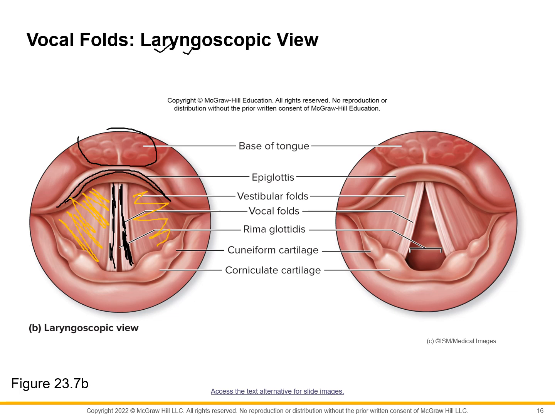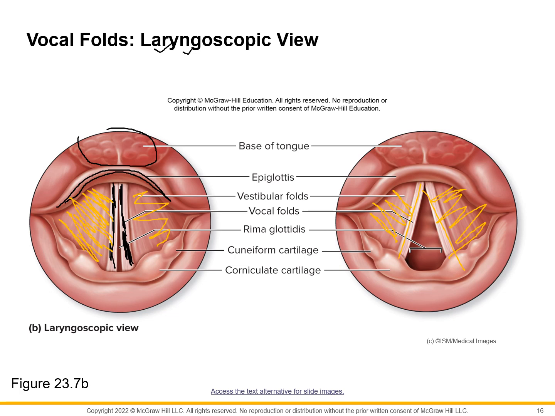When your cords are adducted, the curtain is pulled shut. When your cords get abducted, the curtain opens. So abduction is opening of the vestibular folds or curtains. Adduction is closing of the vestibular folds or the curtains.